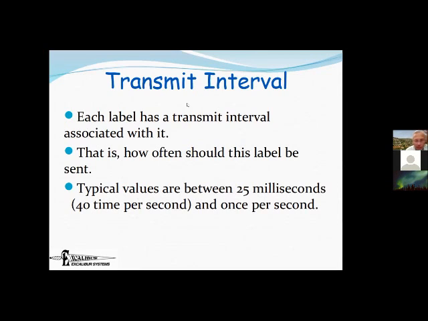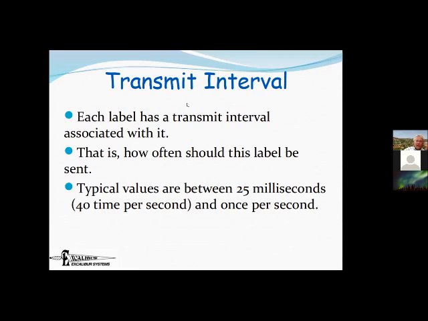Smaller is more frequent. So 25 milliseconds is a reasonable amount of time, which translates into 40 times per second, and that would be one of the faster labels. And the slowest label that you generally come across is once per second.